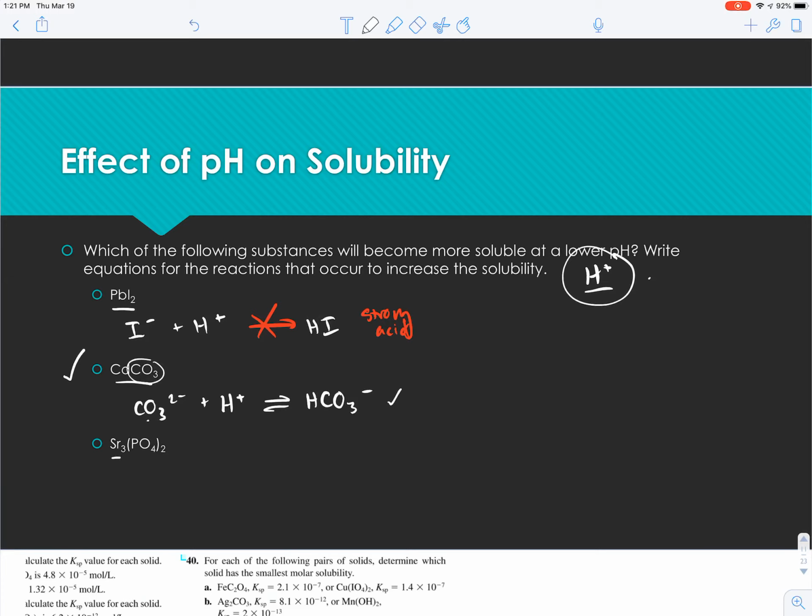Again, strontium's not going to do anything, but phosphate, again, like carbonate, is the strong conjugate base of a weak acid. And for both of these, because you could protonate them more than once, there could be successive protonations that take place, like this one all the way up to H2CO3, this one all the way up to phosphoric H3PO4. Okay, so this one also will become more soluble at lower pH.